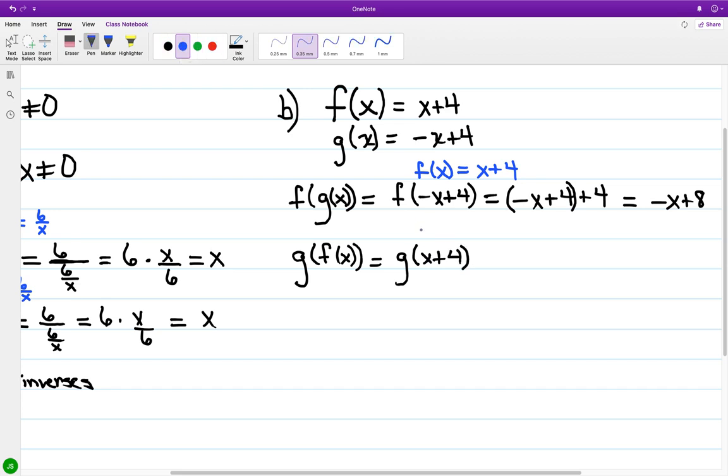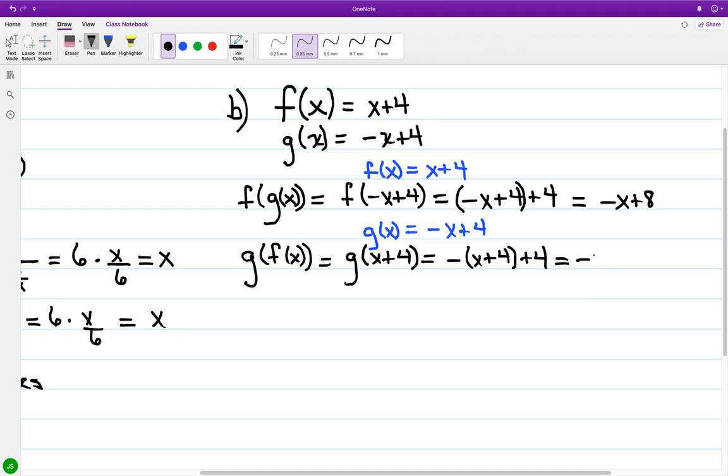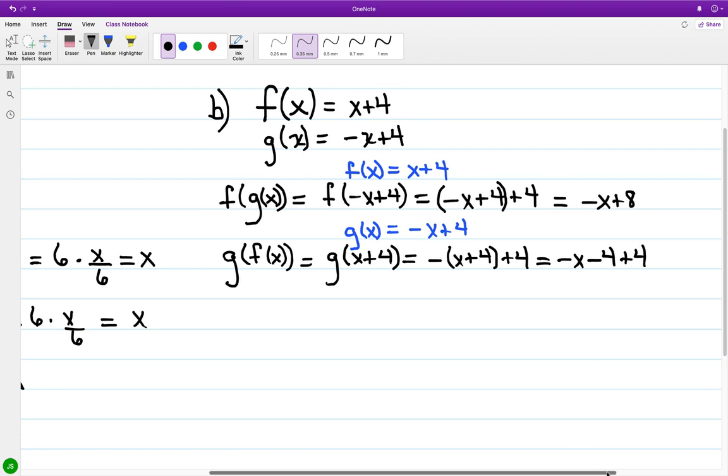Operating in accordance with g of the input equal to the negative of the input plus 4, it will turn out that we're going to have the negative of the quantity x plus 4, plus 4, and this will translate out to negative x minus 4 plus 4. Negative 4 and 4 will cancel out, and this will come out equal to negative x. And since both compositions are other than x, for this particular set, f and g are not inverses.